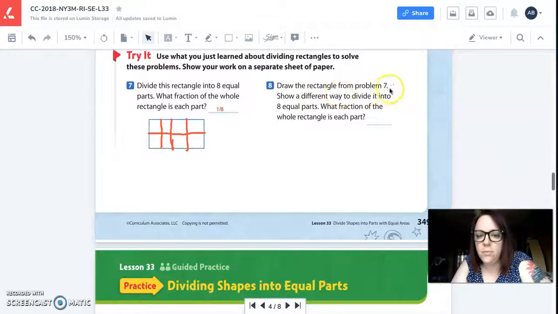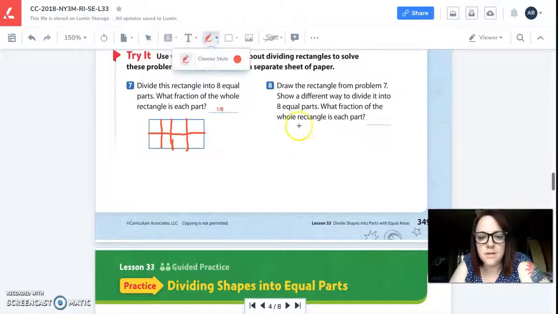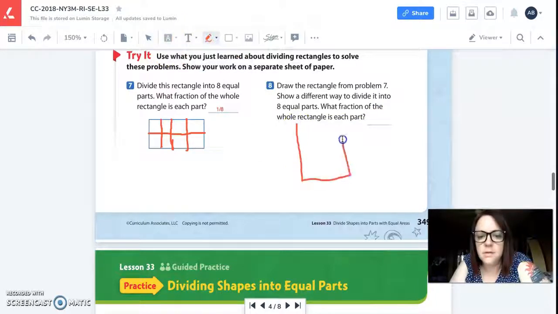Draw a rectangle from problem 7. Show a different way to divide it into 8 equal parts. What fraction of the whole rectangle is each part? Okay, so we're going to draw this because we're going to show it differently. Now we're going to draw 1. Wow, let's erase that.